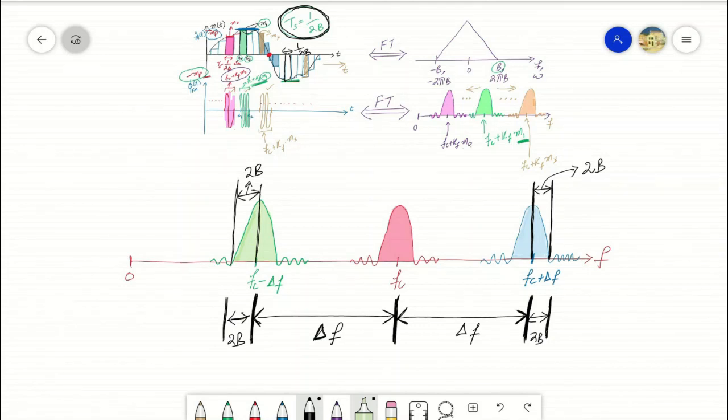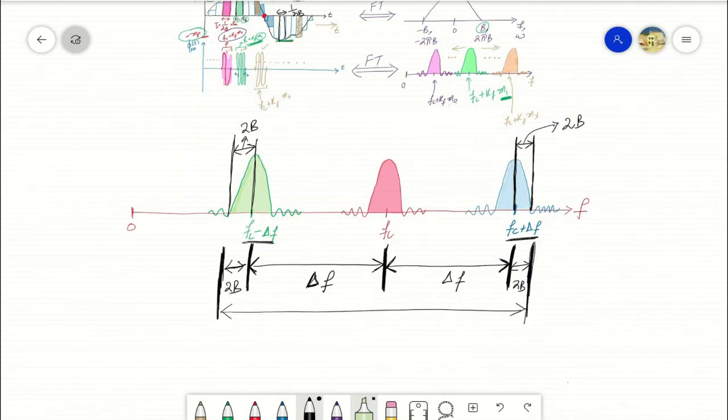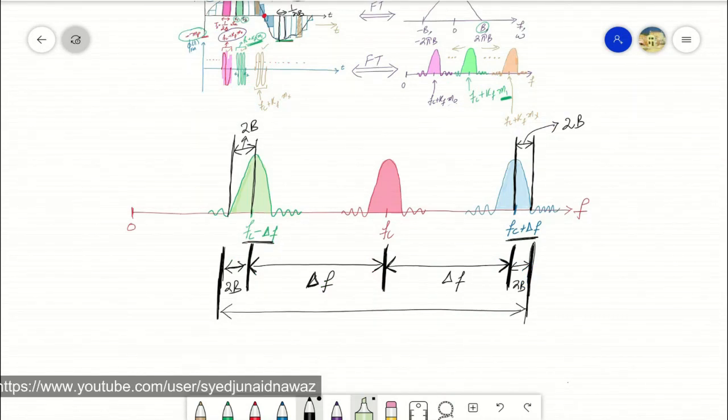So if we define bandwidth as limited to the band from the maximum deviation in the carrier frequency, that is Fc plus delta f, plus the first zero crossing of this sinc, down to the first zero crossing of the sinc generated for the time instances when a negative peak of the information signal is observed and a negative peak frequency deviation is observed, the bandwidth of such angle modulation schemes can therefore be expressed as 2 times delta f plus 2 times b plus 2 times b.